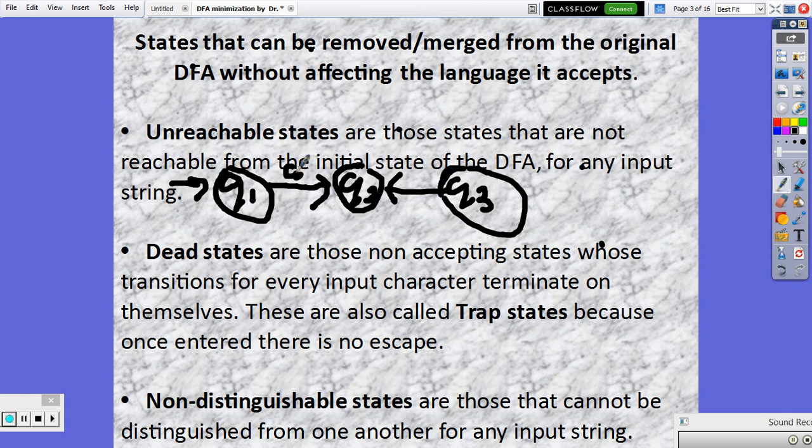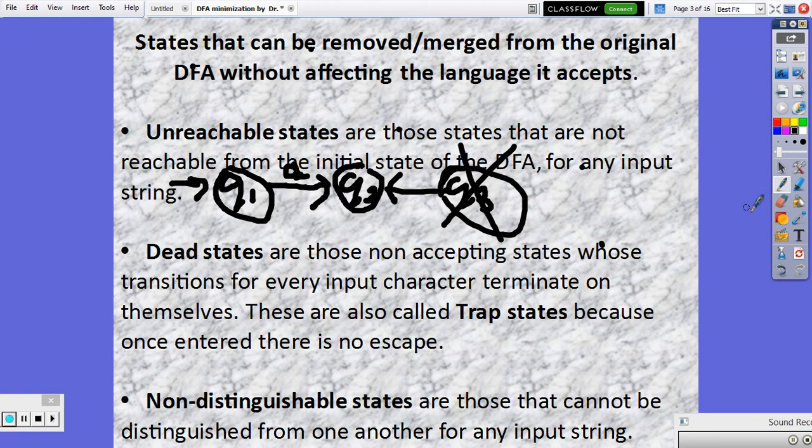In this type of DFA, from Q1 we can reach Q2, but it is not possible to reach Q3 because there is no possible path. So actually this state is unreachable and it has no role in the language of this DFA. So it's better to remove this state. These types of states are called unreachable states.